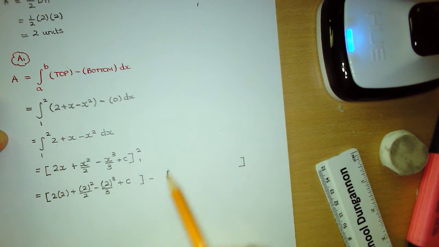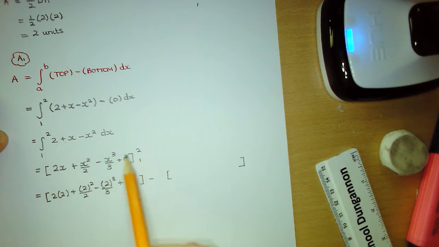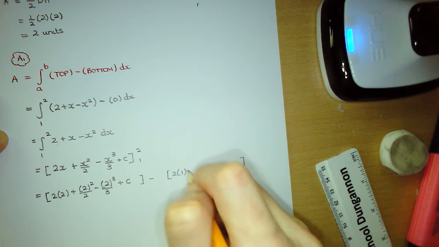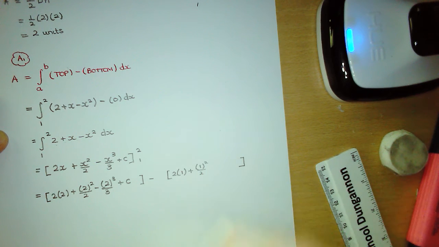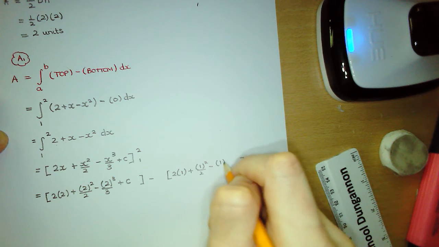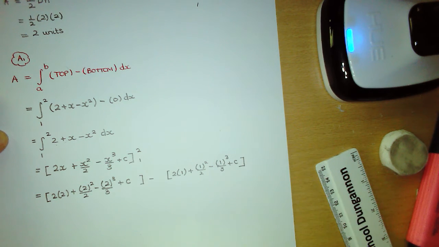Again, in the second square bracket here, we're going to sub the bottom limit, or the smaller limit, into the integrated expression. So we've got 2 times 1 plus 1 squared over 2 minus 1 cubed over 3 plus c.